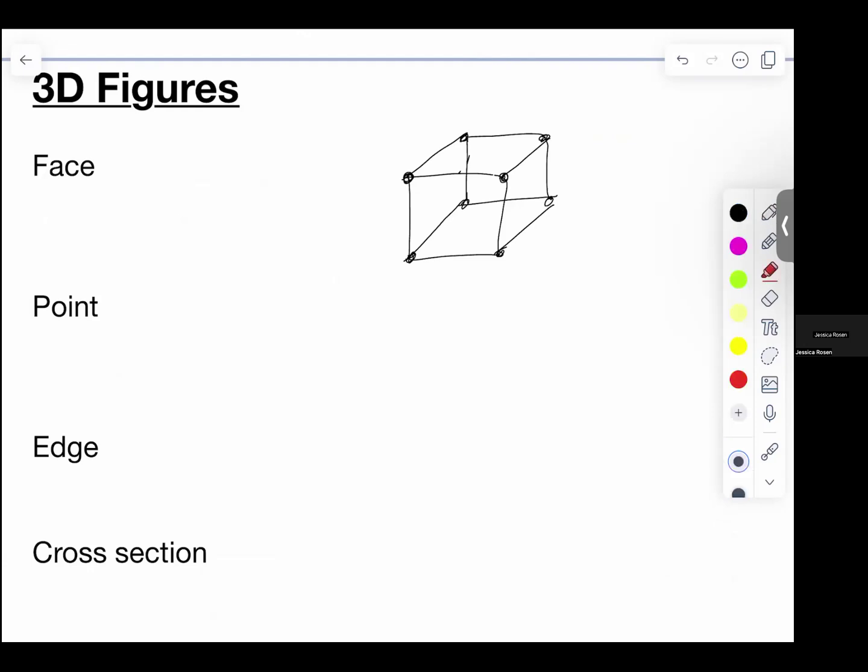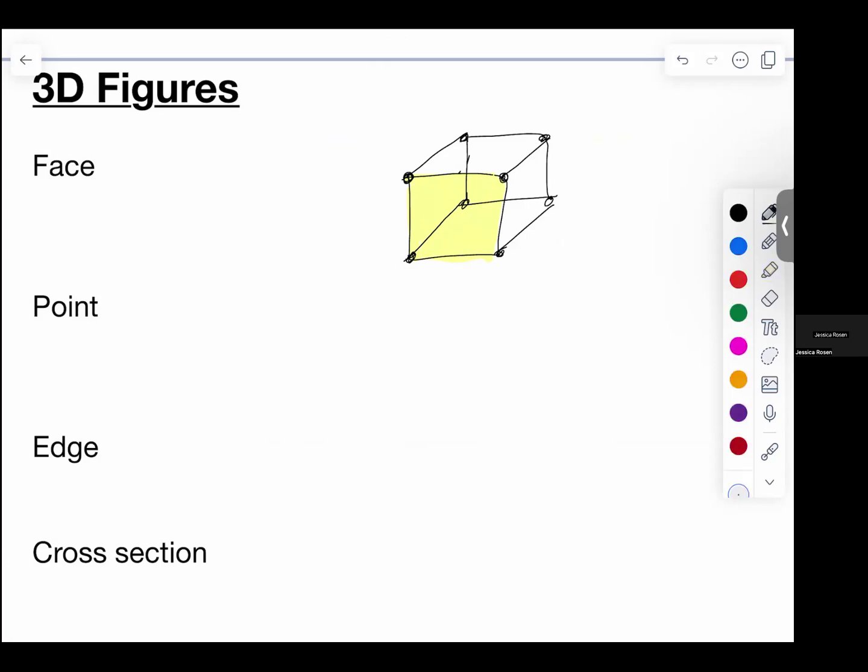So you'll have plenty of practice because we'll do that over and over and over again. But a face is going to be the flat piece of our three-dimensional figure. And again, depending on how your brain looks at this, it could look like it moves around sometimes. So highlighting and drawing it out is always a good idea. So if we're talking the front face, this would be the face closest to us, which is the two-dimensional flat plane closest to us, right?